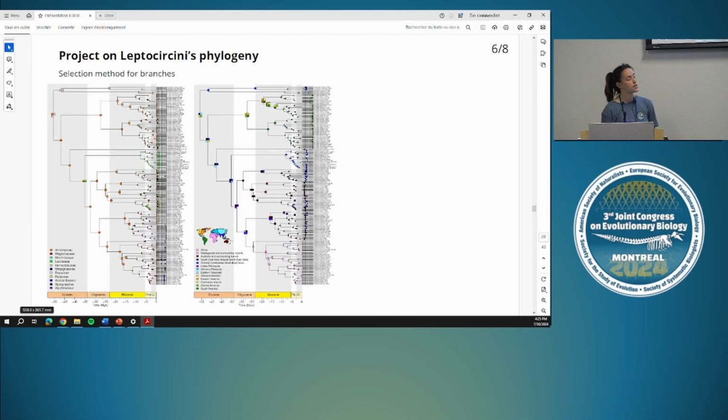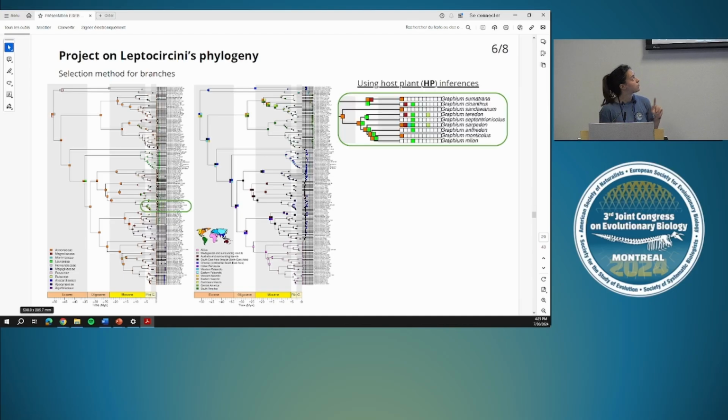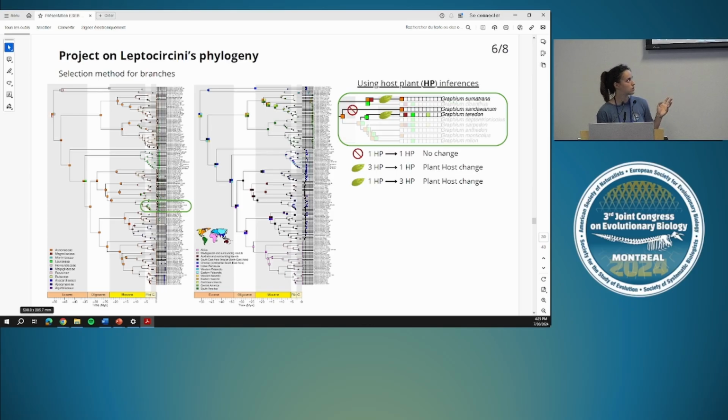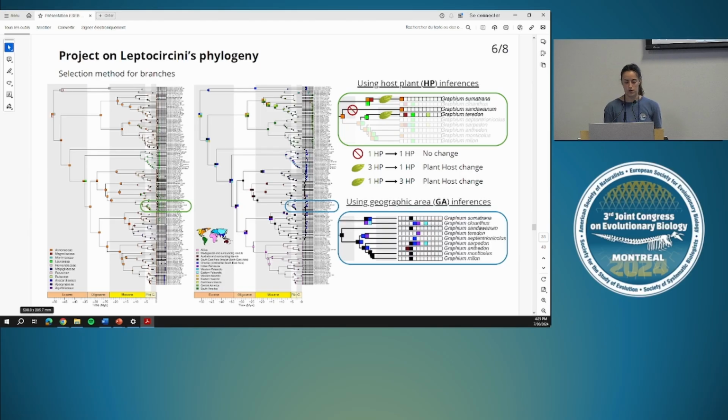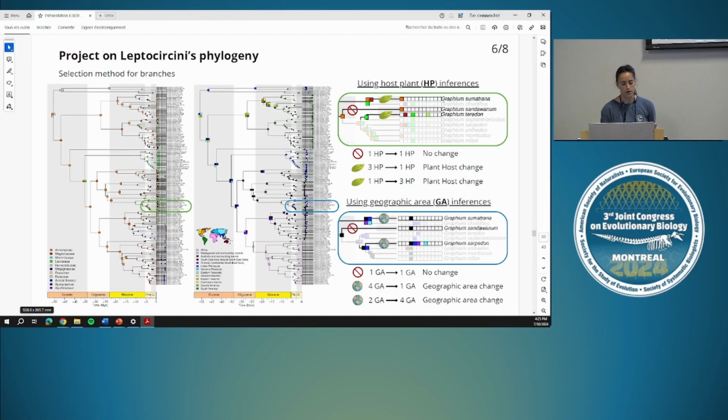As was the case for Allio's study, we thought to define the states of change of the branches to constitute the sets on which to determine selection pressure. We used the phylogeny reconstruction showing host plant regime inferences to define branches where change did or did not occur. And we followed the same approach on the phylogeny showing geographic areas.